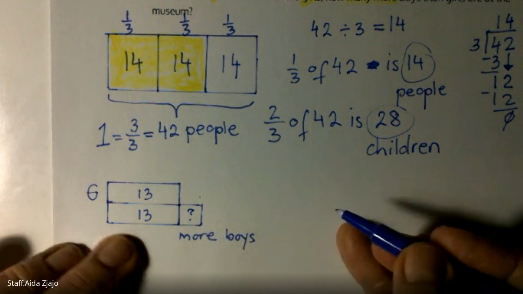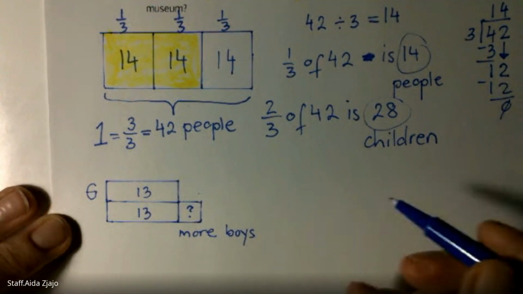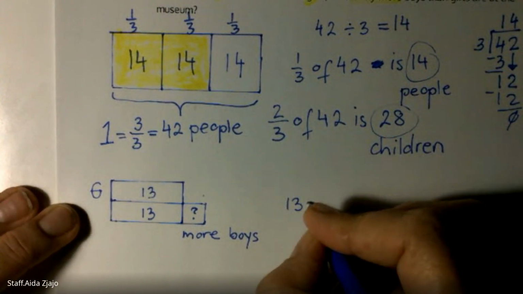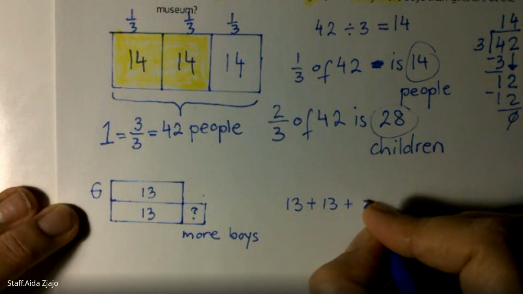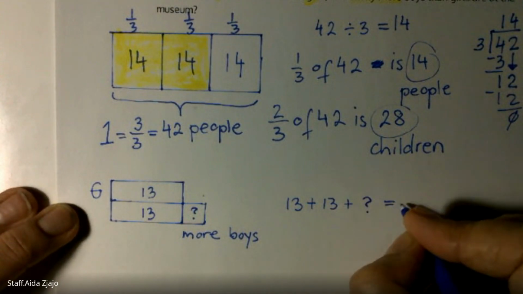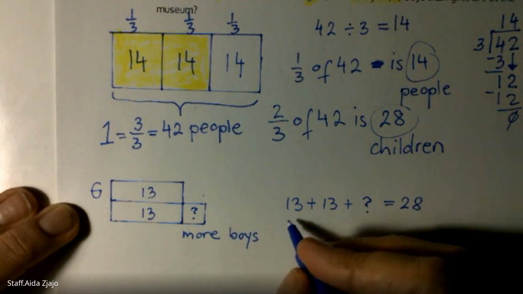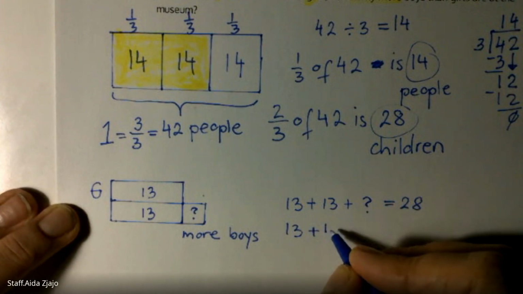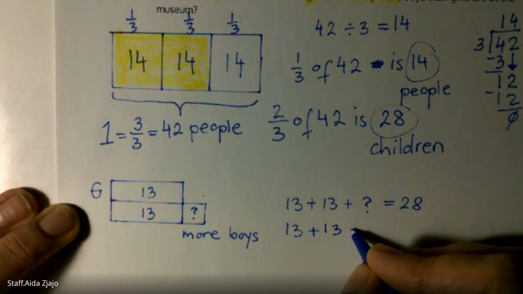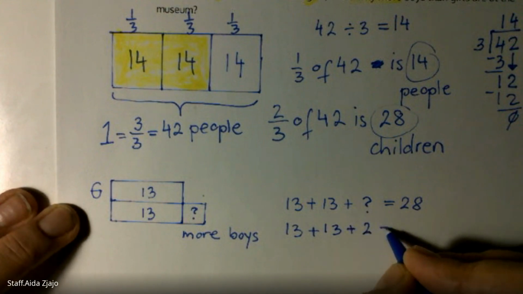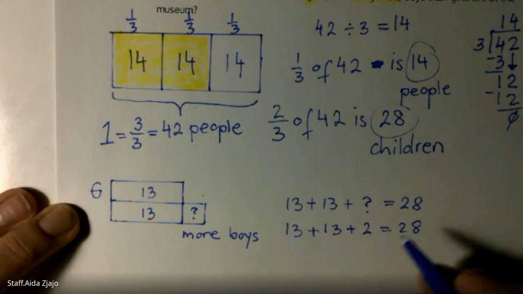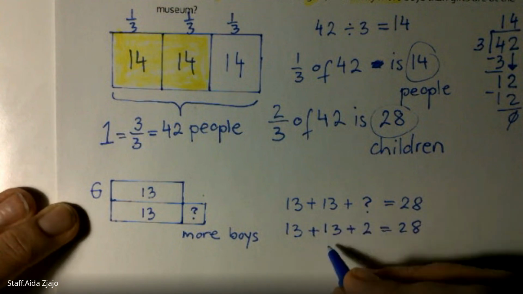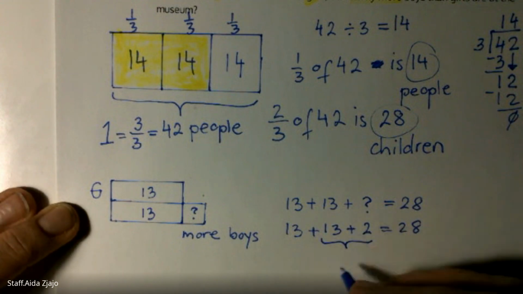So 13 plus what must equal 28. And now you can see that 13 girls plus 13 boys plus 2 makes 28, so the boys are 15.